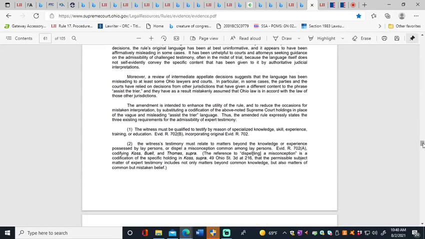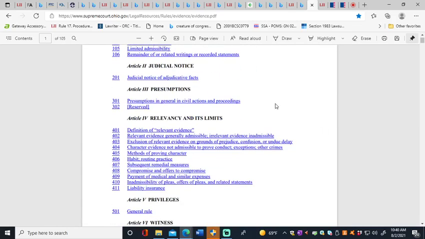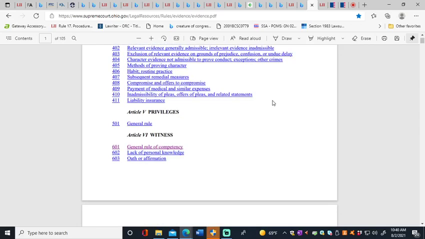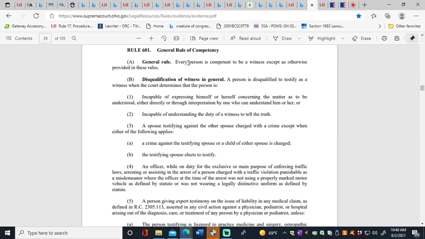Now let's go over the rules of evidence. We're going to break down some of these rules, and we're going to talk about the general rule of competency. Every person is competent to be a witness except as otherwise provided by these rules.